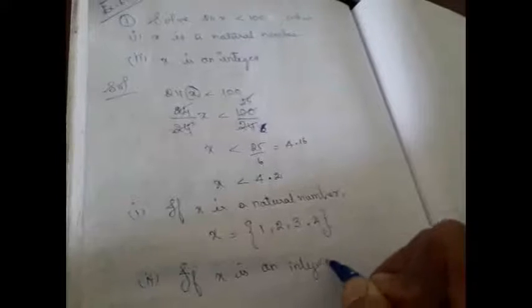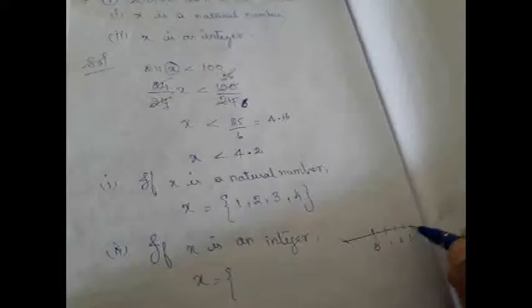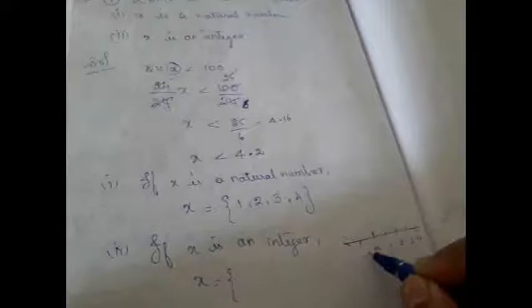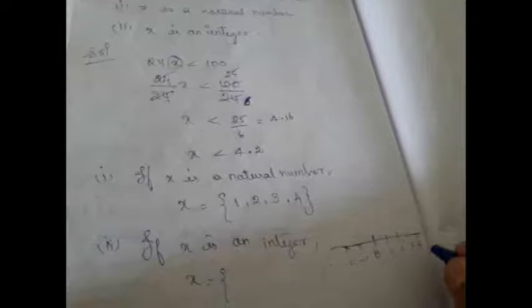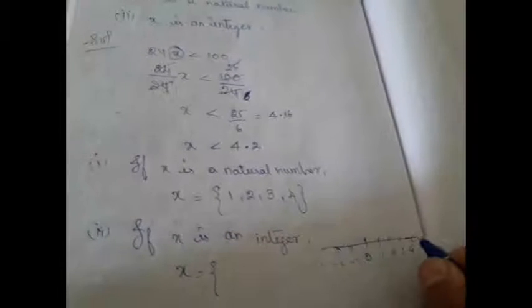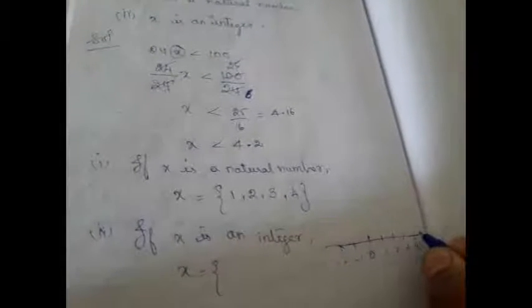Now let us see what will happen if x is an integer. What will be the solution set here? See, if this is your number line, 0 is here, 1, 2, 3, 4 is here, and this side minus 1, minus 2, etc. Less than 4.2 means 4.2 is somewhere here, right?